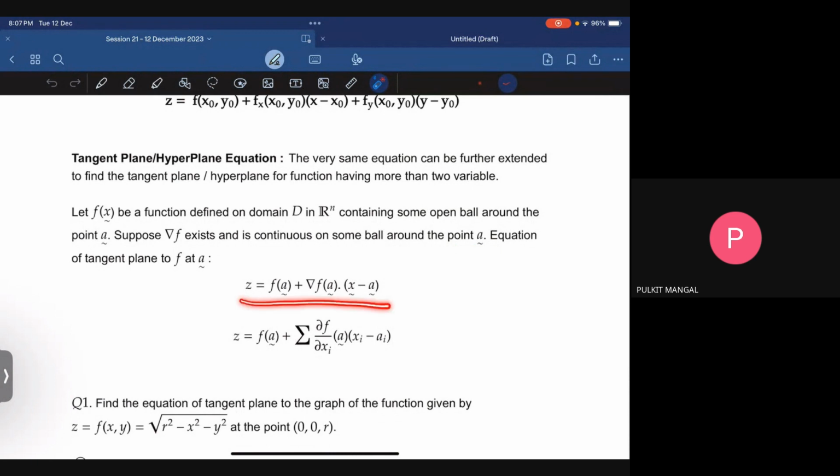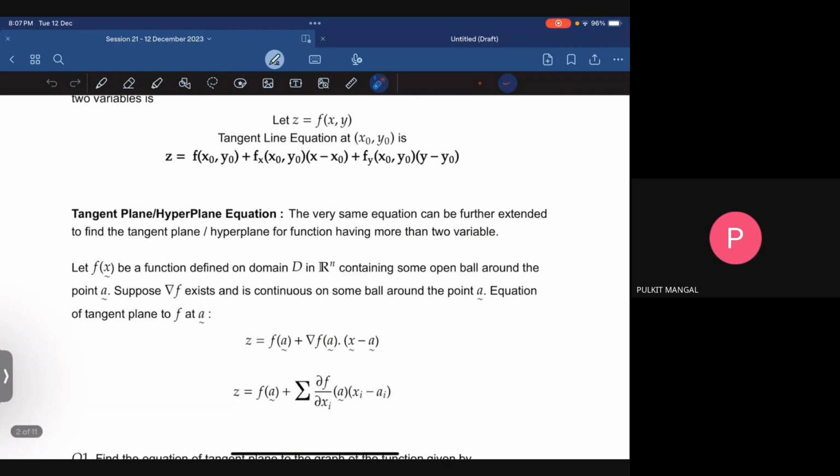So for finding the tangent plane or line or hyperplane equation, anything, evaluate the function value plus these both, which are basically the same thing, because in the first I have written the gradient of f at the point a tilde dot product with x tilde minus a tilde.